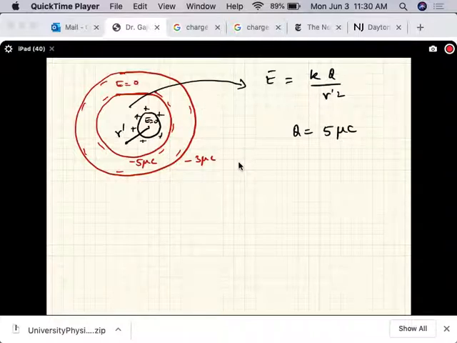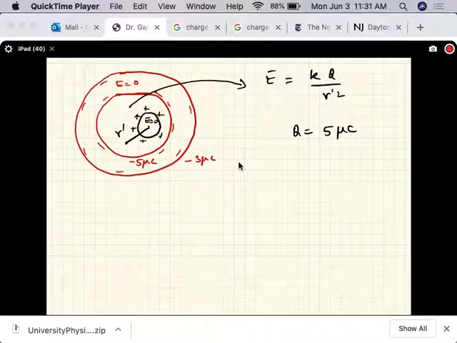In this region, the only thing effectively producing the electric field is this, but you have to be within the shell. So R prime is any distance within the shell. I can't write a range for R prime because R prime has a smaller range here and a bigger range here. But anyway, only this charge is producing the electric field there.